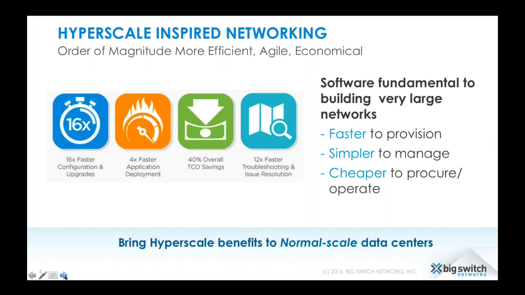Big Switch's products such as Big Cloud Fabric are essentially leveraging these same principles to offer ready-to-deploy solutions for the mainstream data center. Solutions that can be deployed at enterprises and service providers and offer tremendous operational value in terms of 4x speed of app deployment, 16x faster config and upgrades, 12x faster troubleshooting, and of course 40% overall TCO savings.